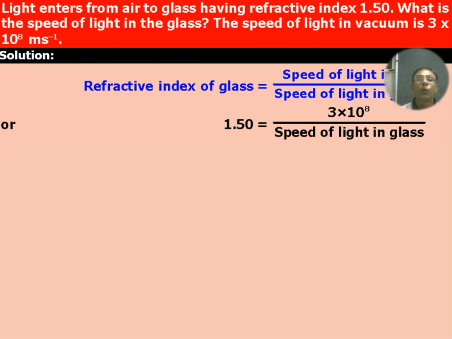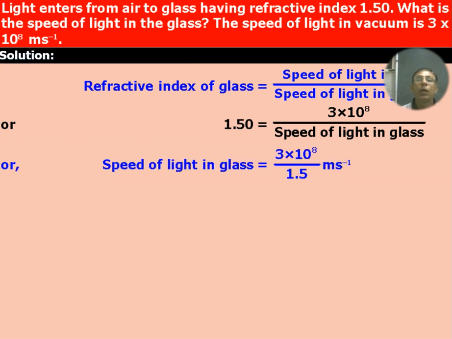So 1.5 is given, that is refractive index, and speed of light in vacuum, that is 3 into 10 to the power 8, upon speed of light in glass. Now we have to find out the speed of light in the glass. So we will calculate the speed of light in glass equal to 3 into 10 to the power 8 meter upon 1.5.